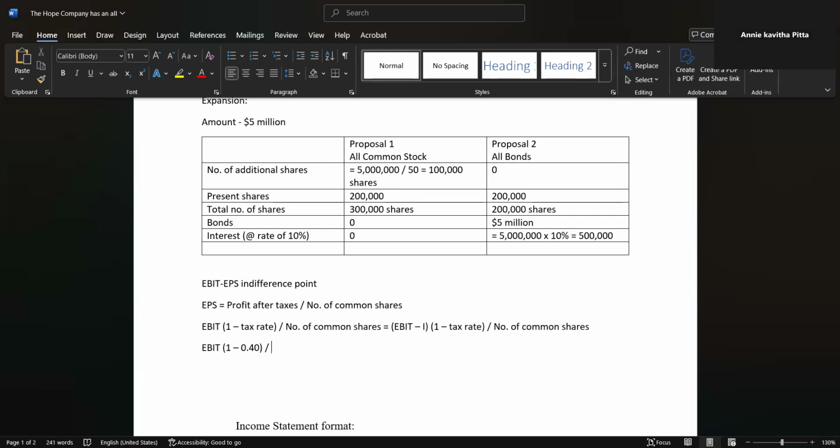This is divided by 200,000 shares, is equal to, we do not know what EBIT is, EBIT minus how much is interest? Interest is 500,000. Then this into 1 minus 0.40, and I put a bracket around the entire numerator.